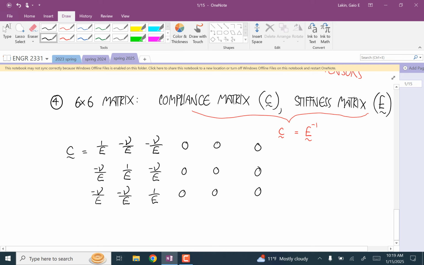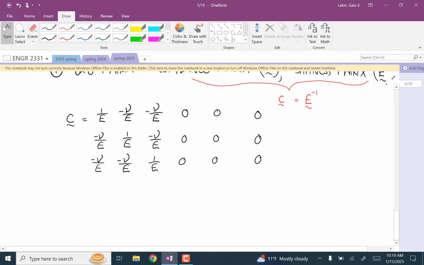And notice the pattern there. In every one of these rows, you have a 1 over E and 2 negative nu over E, and the 1 over E just keeps bopping along to the right each row. And then we have a new pattern for the last 3. So we have 0, 0, 0, and then 2 times the quantity 1 plus nu over E, 0, 0.